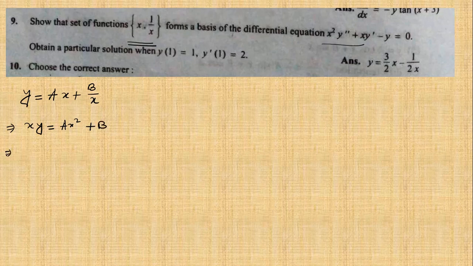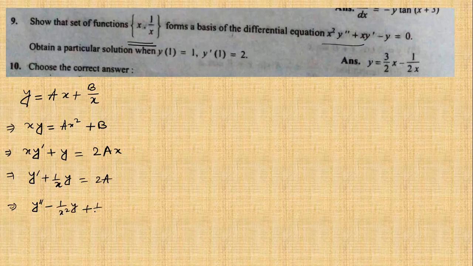If we differentiate with respect to x, you will get x y prime plus y equals 2ax. Okay, and just dividing by x, you will get y prime plus 1 by x y equals 2a. Now if you differentiate with respect to x, this is y double prime minus 1 by x square y plus 1 by x y prime equals 0.